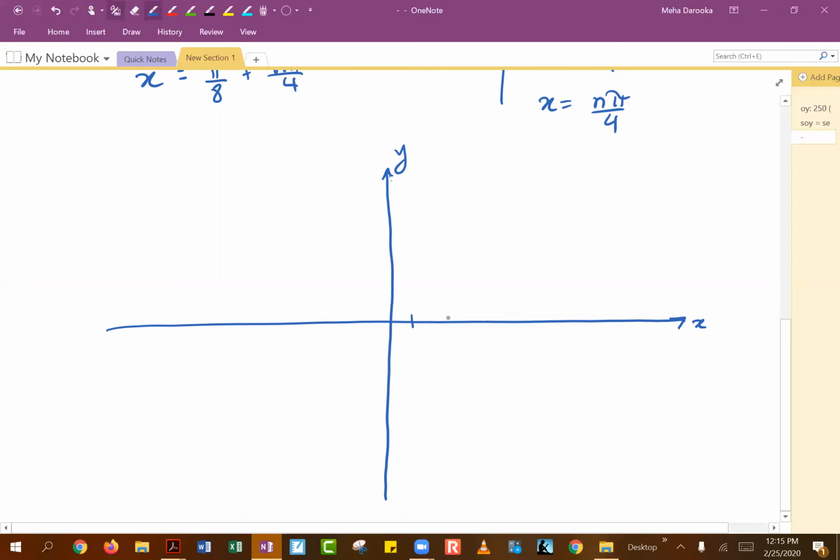So that's going to be positive pi fourths, pi halves, 3 pi over 4, and then pi, 5 pi over 4, and 2 pi.